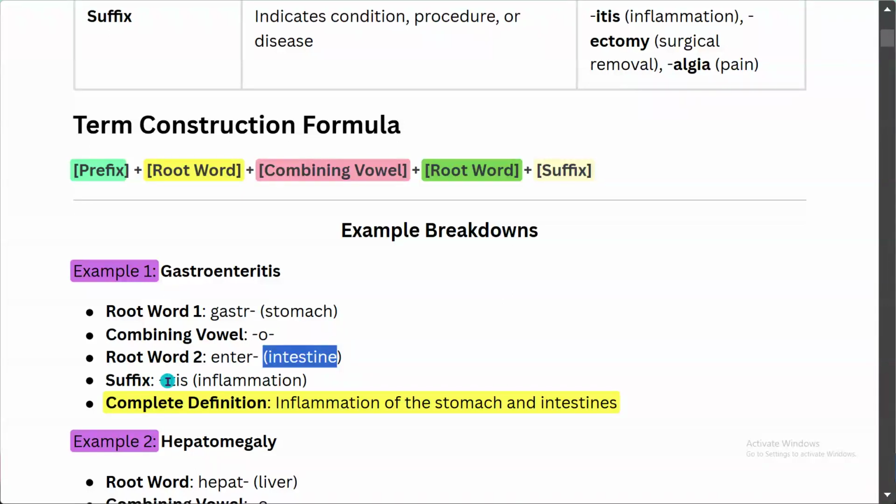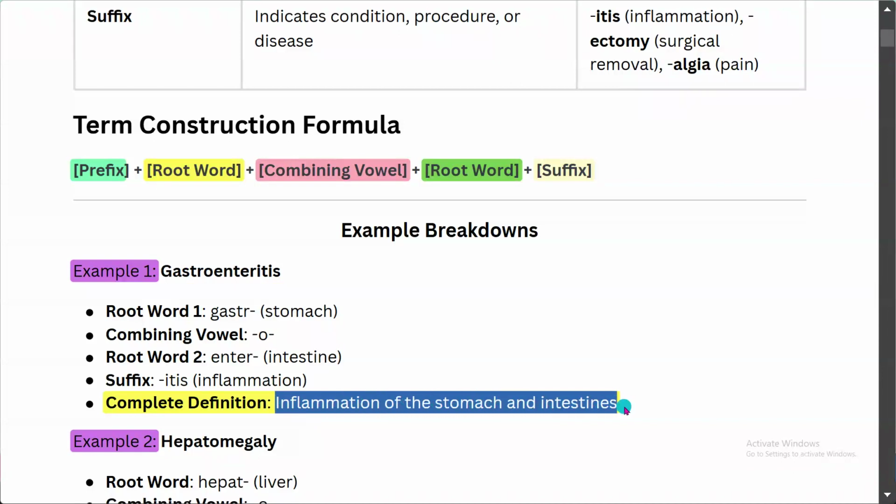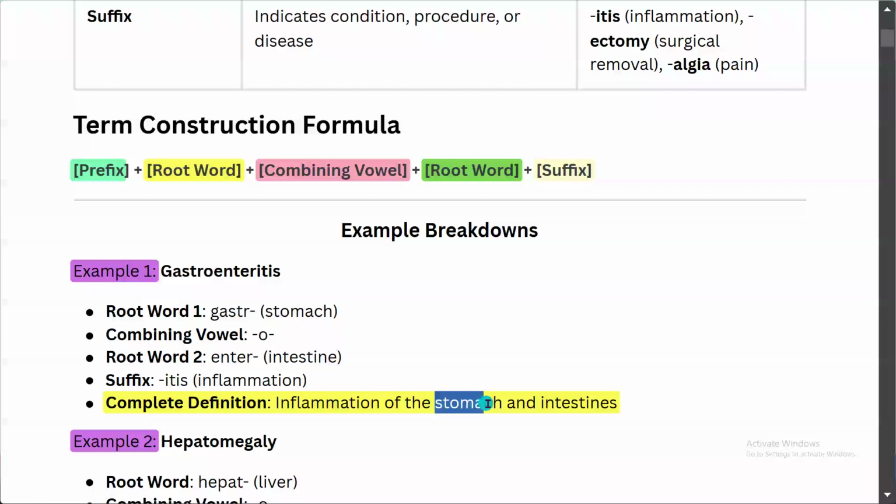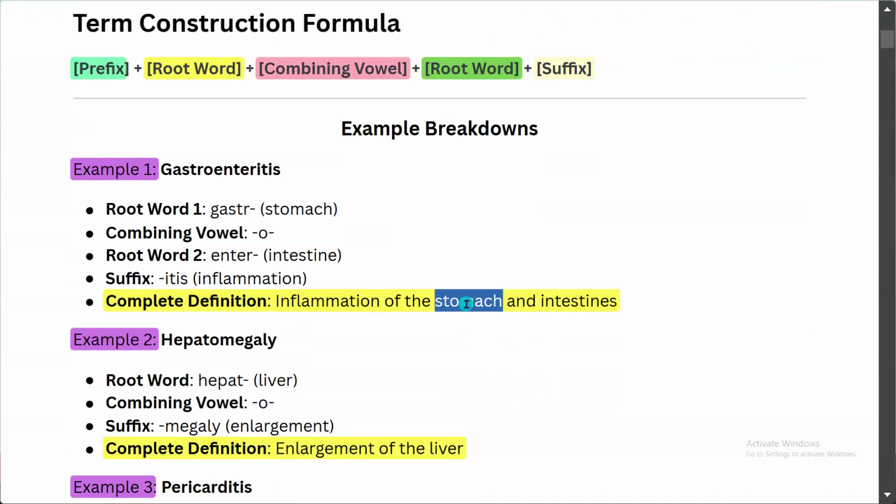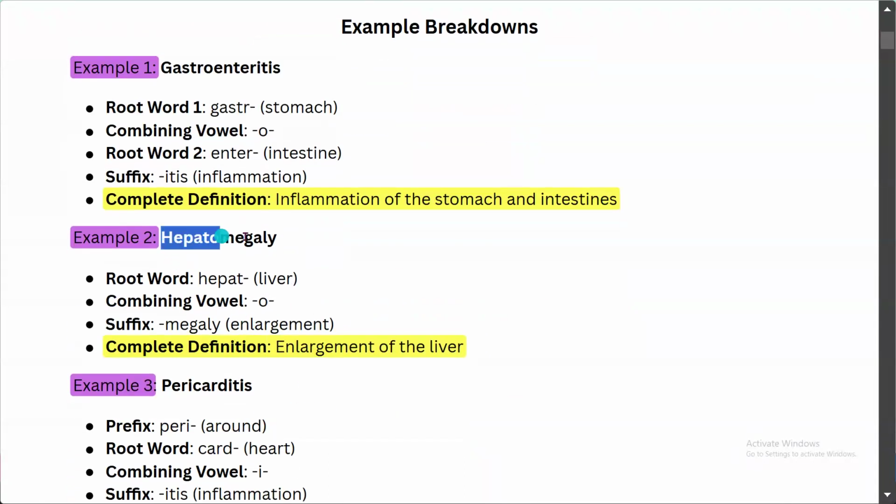The suffix is itis, that means inflammation. So the meaning of gastroenteritis is inflammation of the stomach and intestine. This is part of the abdominal system.